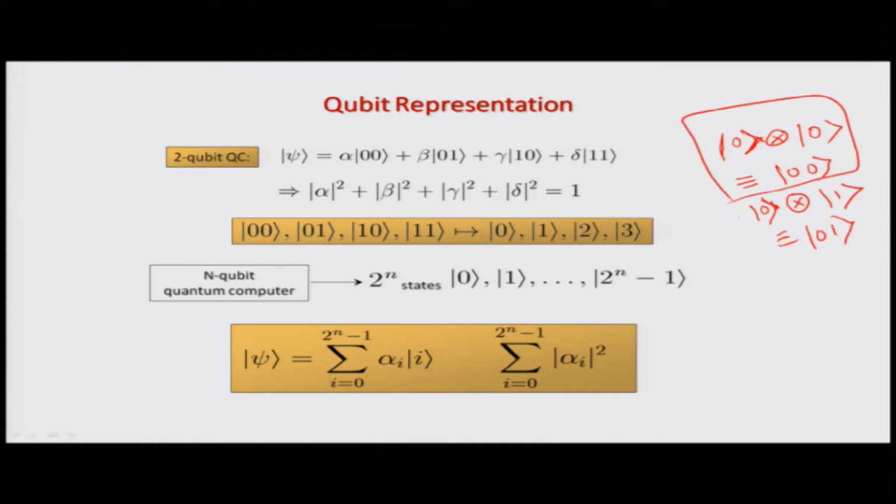So, this is one kind, and this is the other kind, and depending on the fact that we can distinguish between them, we will have 4 different possibilities.